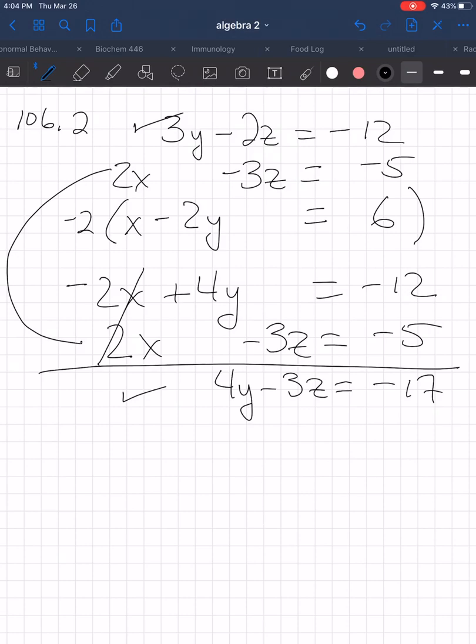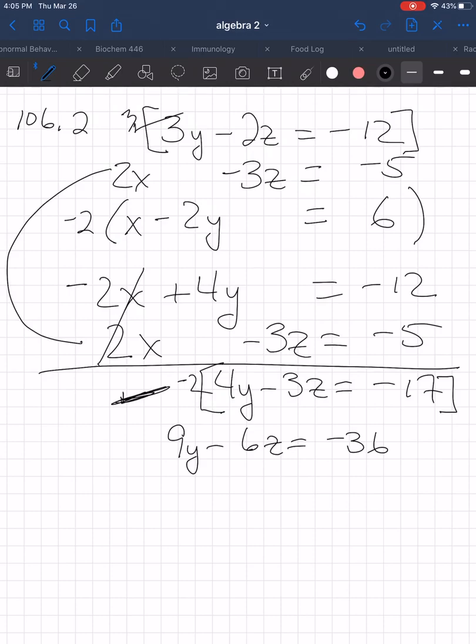So now I have one that has y's and z's and another one that has y's and z's. Now, there's no super simple way to do this. I for sure wouldn't use substitution. Smaller numbers would be to multiply this by 3 and multiply this one by negative 2. So from the top equation, we'll get 9y minus 6z equals negative 36.